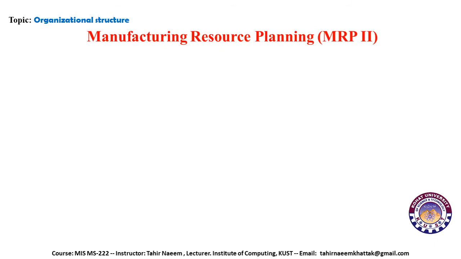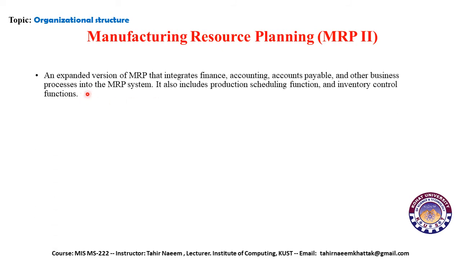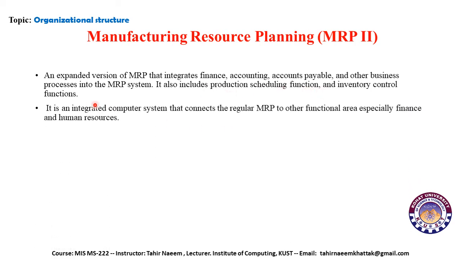Manufacturing resource planning, MRP2. An expanded version of MRP that integrates finance, accounting, accounts payable and other business processes into MRP. It also includes process scheduling, functioning and inventory control functions. It is an integrated computer system that connects regular MRP to other functional areas, specifically finance and human resources.